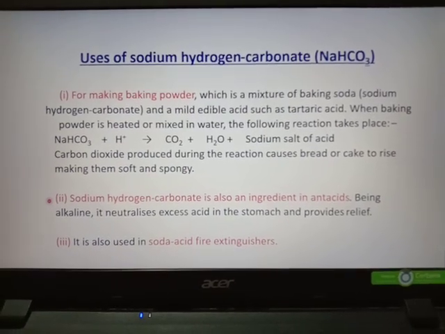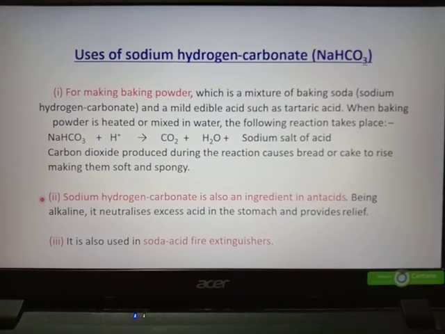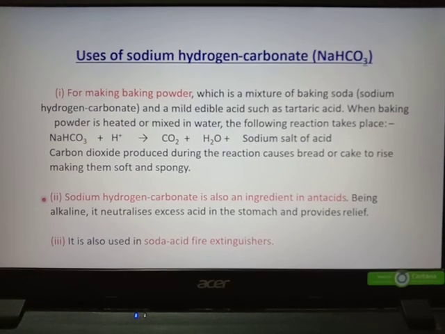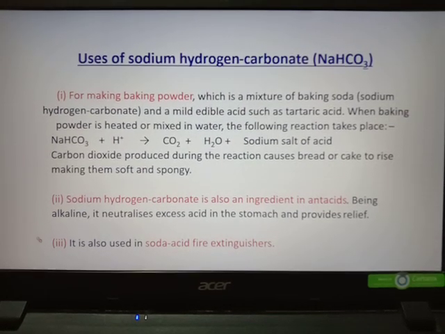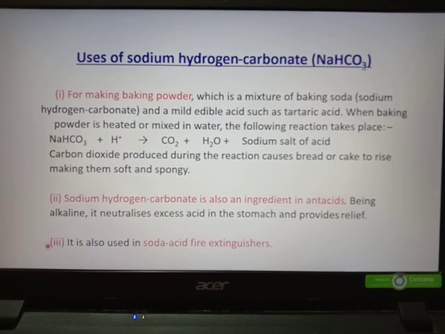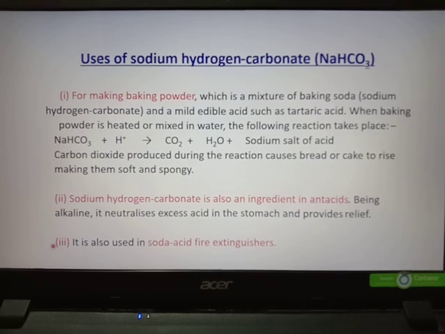When this base comes in contact with the hydrochloric acid present in our stomach, the neutralization reaction happens and we get relief because we get rid of the excess HCl produced in our stomach.